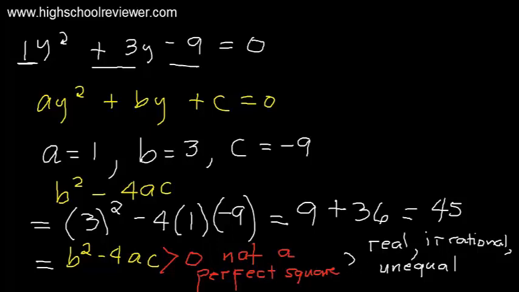These are our final answers. Our next problem, we have 2m squared minus 8m equals negative 8. Okay, this is a quadratic equation that we first need to make into the form ax squared plus bx plus c.